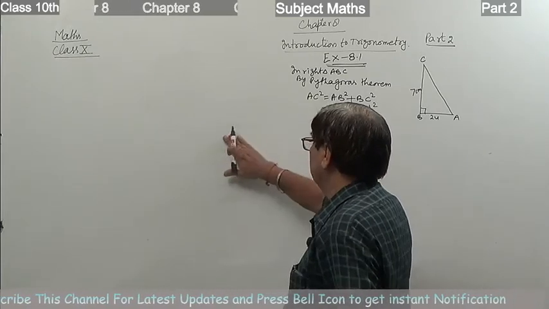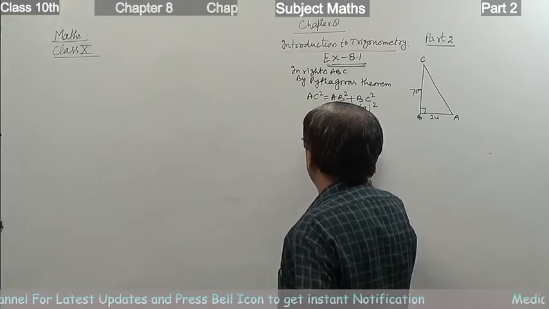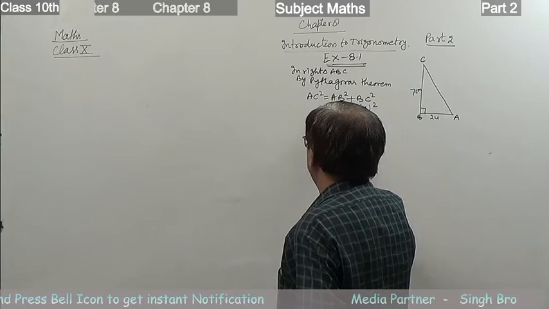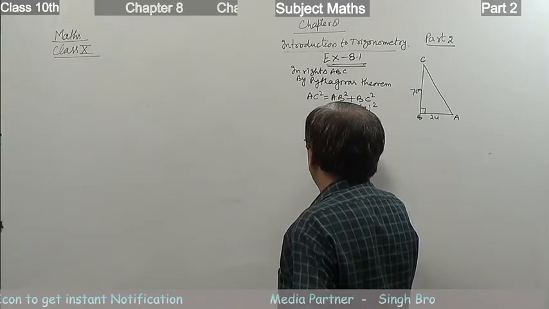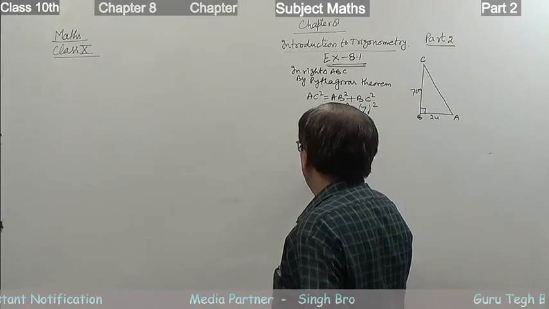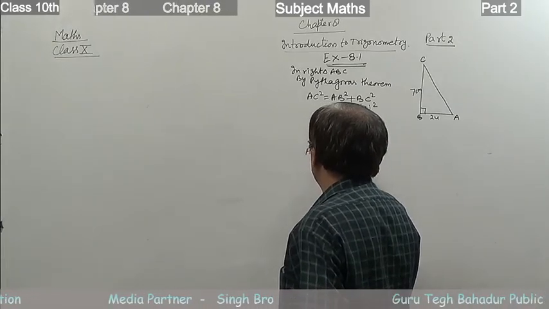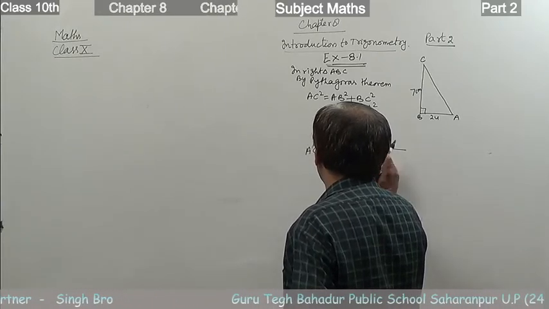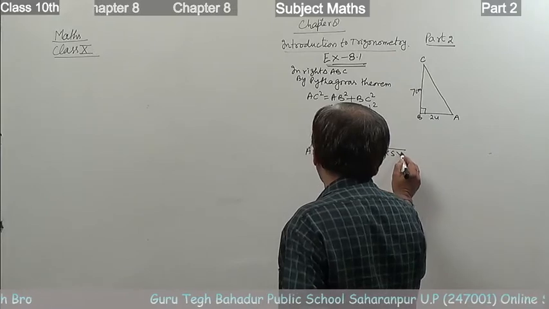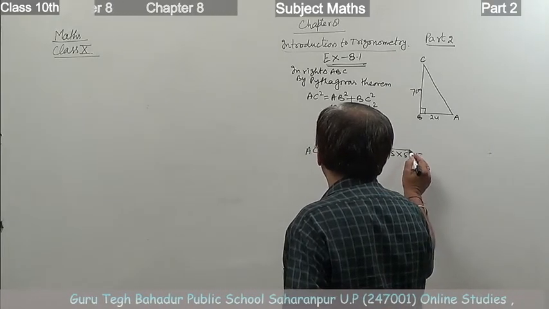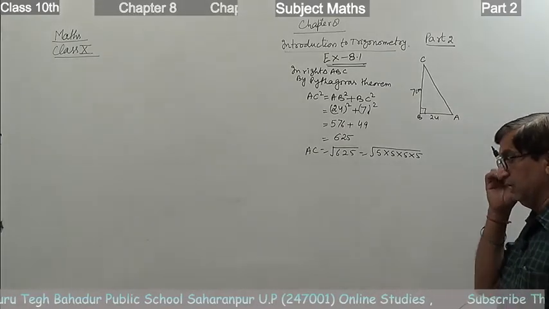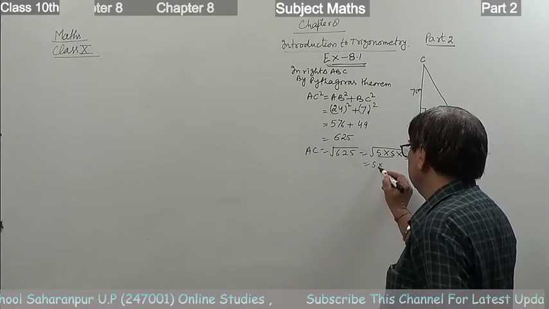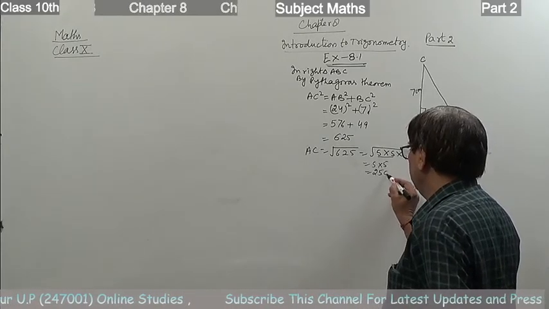So 24 square is 576, 7 square is 49, so it will be 625, and AC is square root 625. Make it factor of 625, 5 into 5 into 5 into 5, make it a pair, it becomes 5 into 5, that is 25 centimeter.